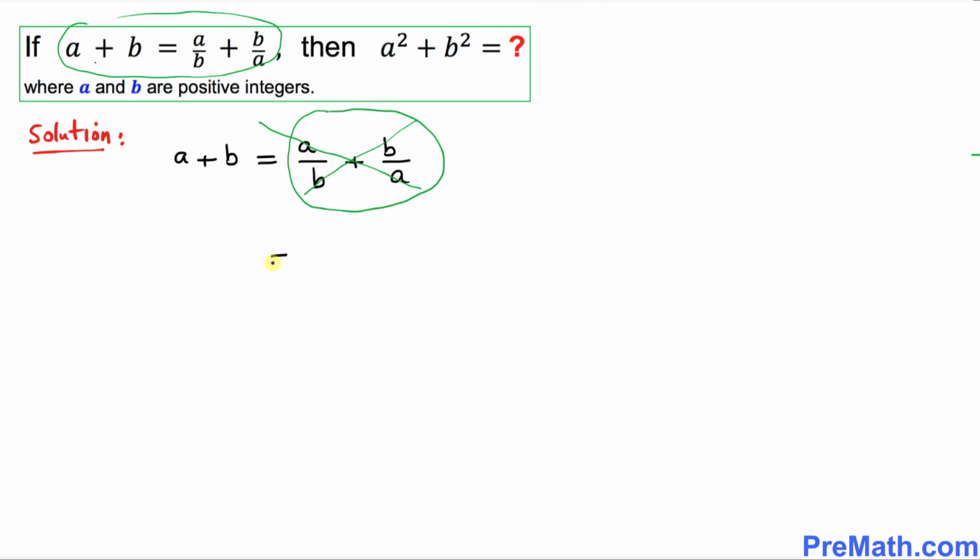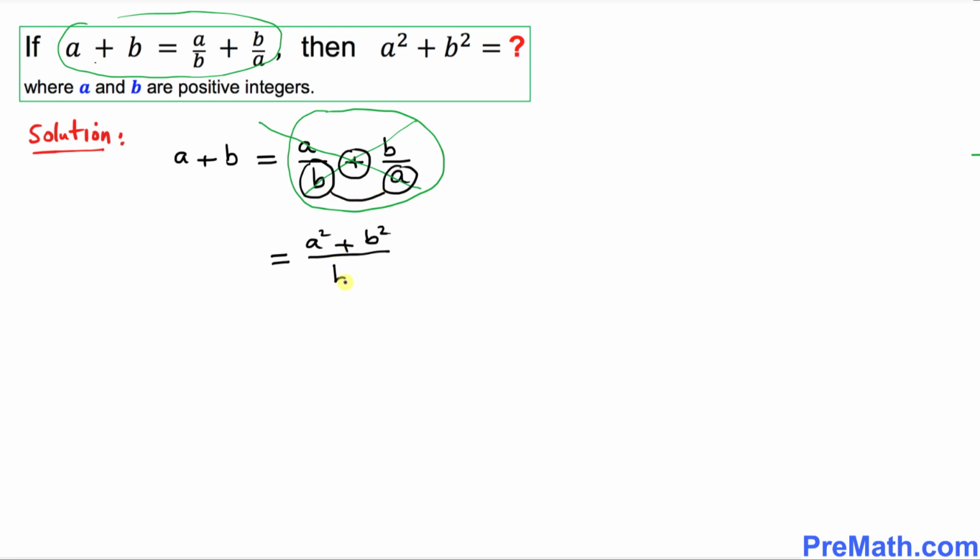So on the right hand side, we cross multiply, which means a times a is going to become a square. Then put down this plus sign right up here and cross multiply the other way around. b times b is going to become b square, divided by the denominators b and a multiplied out.